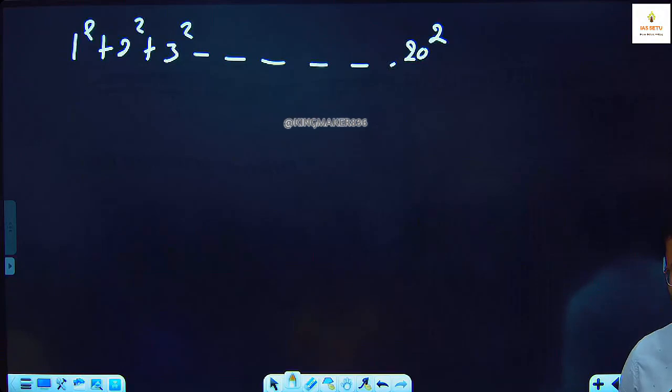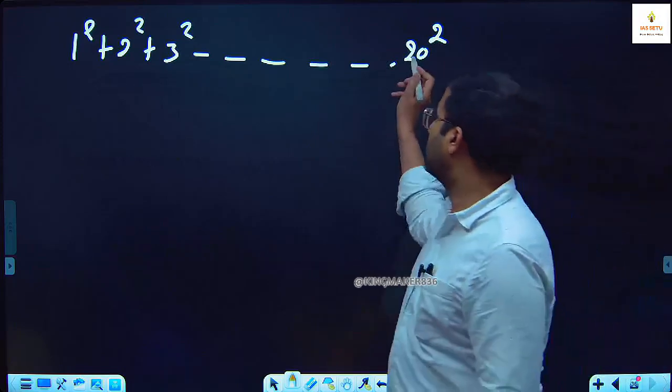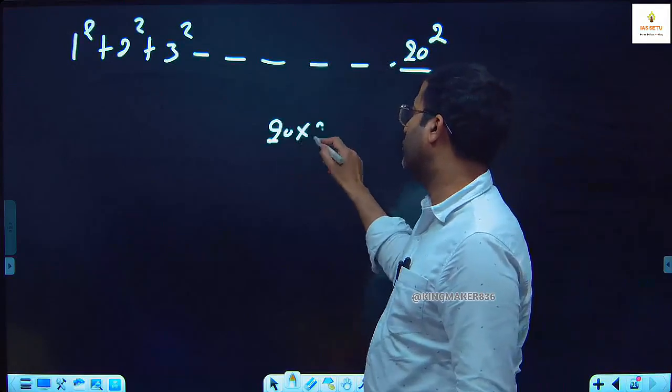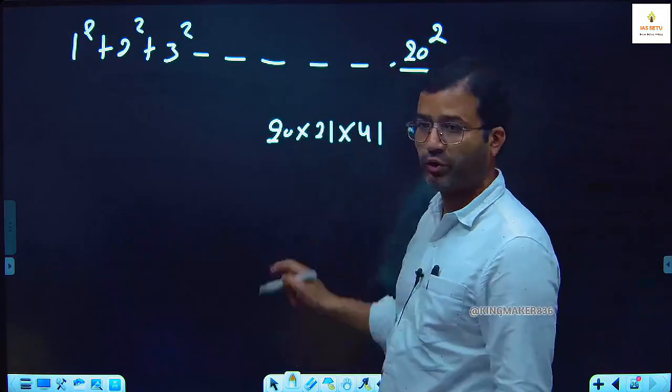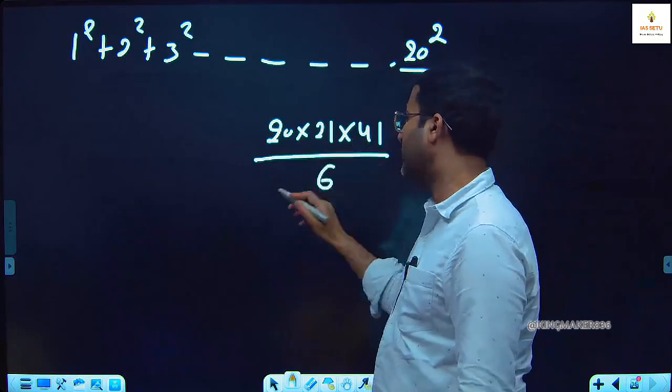Out of ten, 4 make calculation mistakes, which is harmful, just the calculation is fast. No problem. See here, this is 20, so 20 into 21 into 41, 2 into 20 is 40 plus 1, divided by 6.